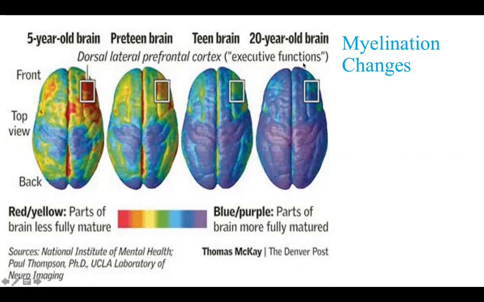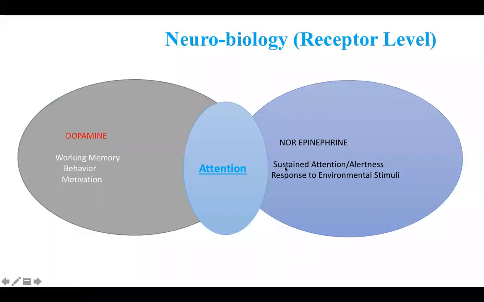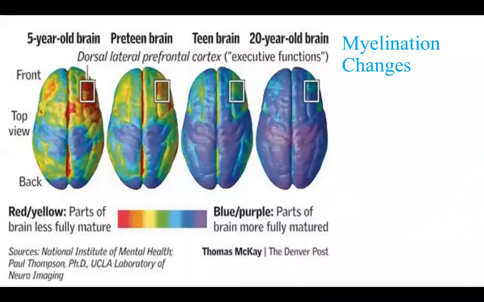So what are the executive functions? There are about 7 or 10 executive functions. The most important ones are, as we saw, the sustained attention, the alertness, the working memory, the behavior, motivation. These are all essential executive functions which are related to the maturation of the prefrontal cortex.